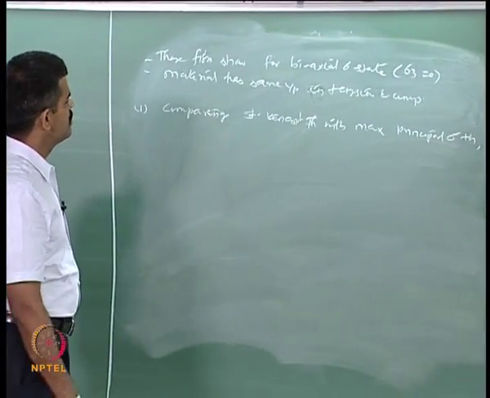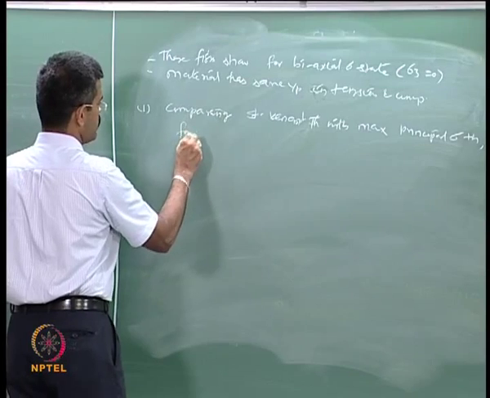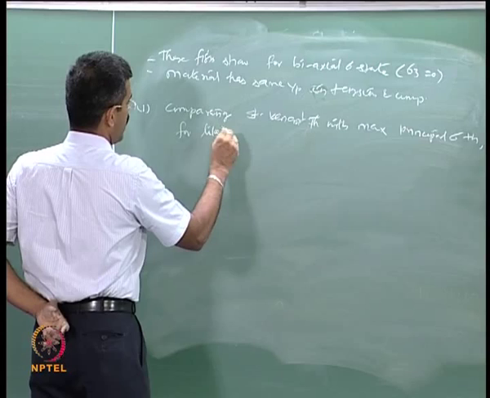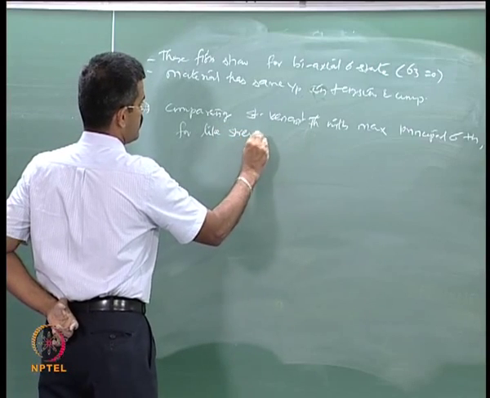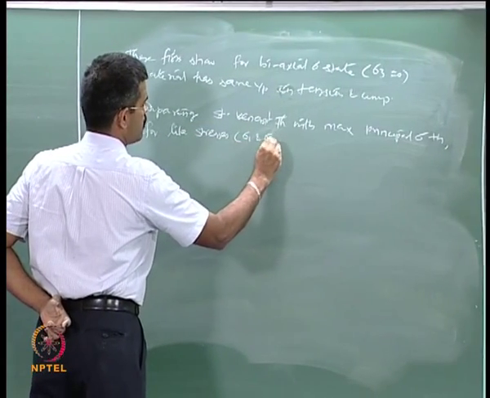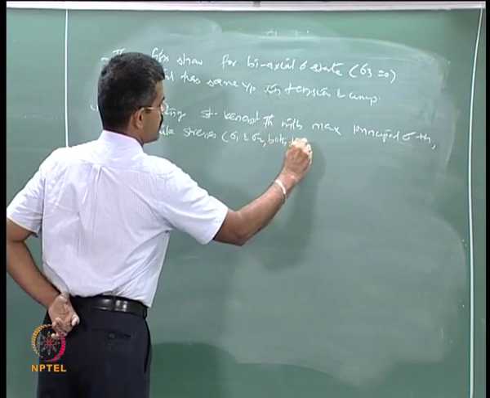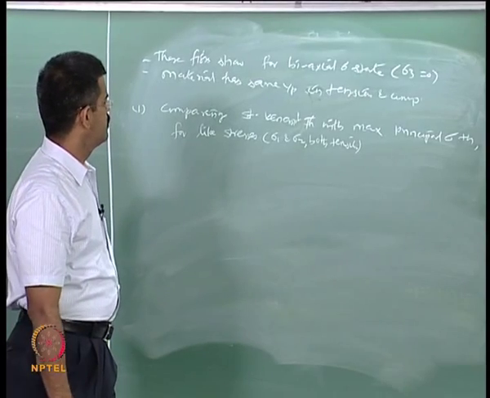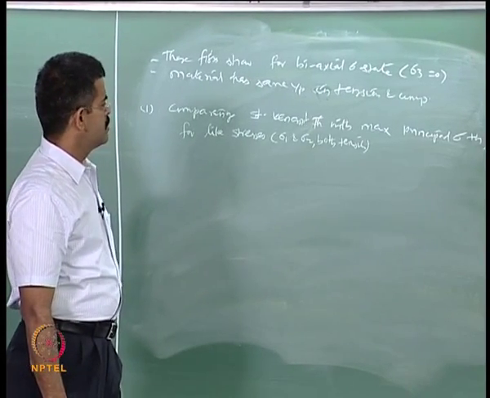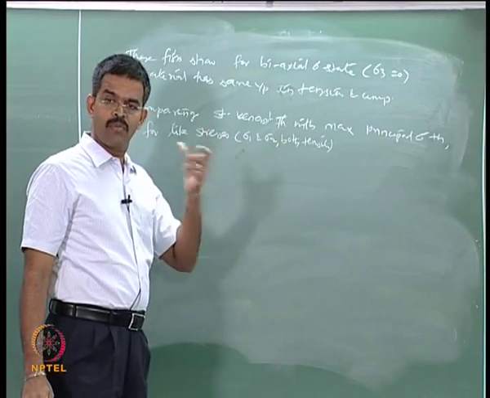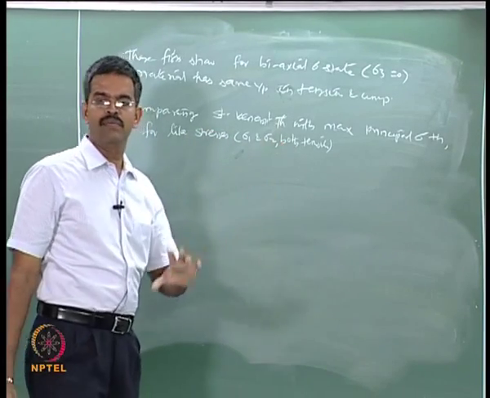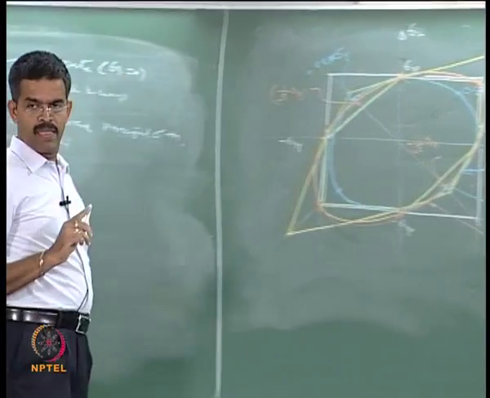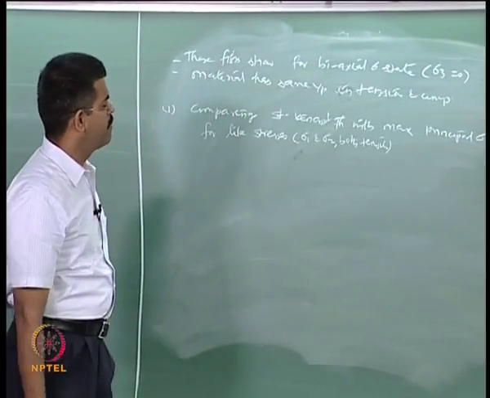It shows for like stresses, that is sigma 1 and sigma 2, both tensile or compressive. Magnitude may remain same, sigma 1 may be equal to sigma 2, but they are of the same nature. So, you should look at the quadrants of 1 and 3, same nature.